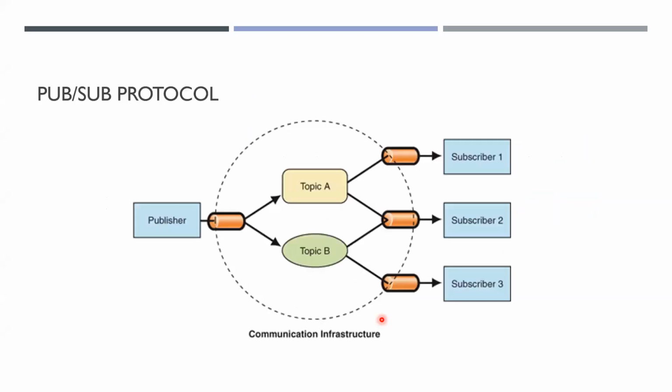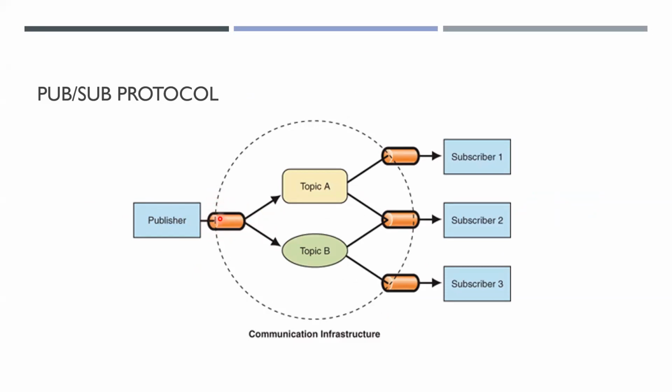The pub/sub protocol is the same as the following figure. This is the publisher. It could be one of the clients, and in this case it could be our ESP8266. This publisher is publishing to topic A and topic B. This handler, we will have a question mark here until we come to that point later.